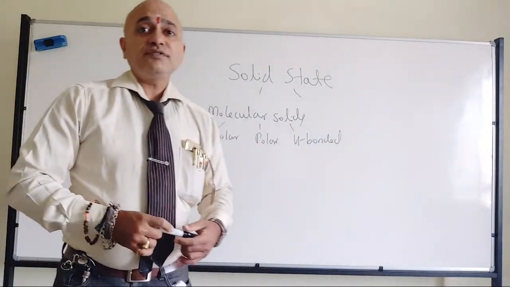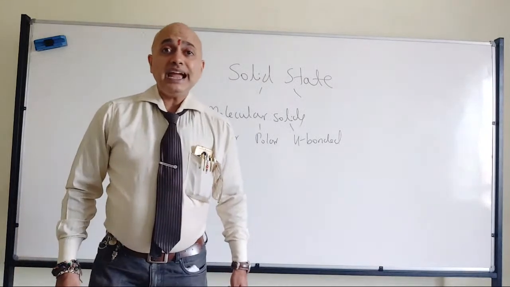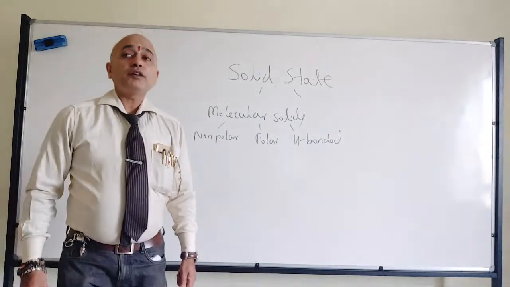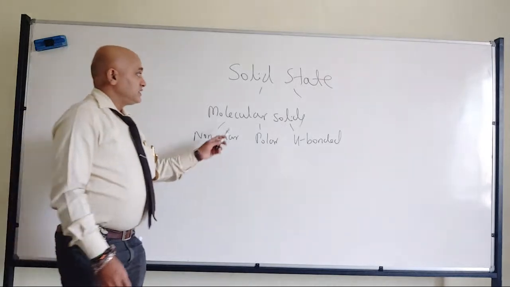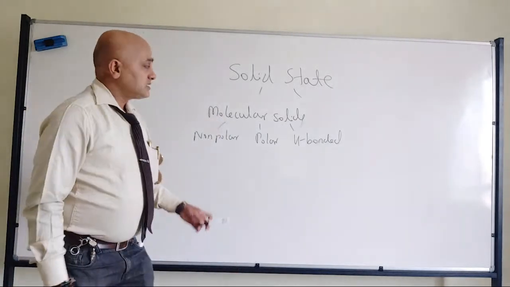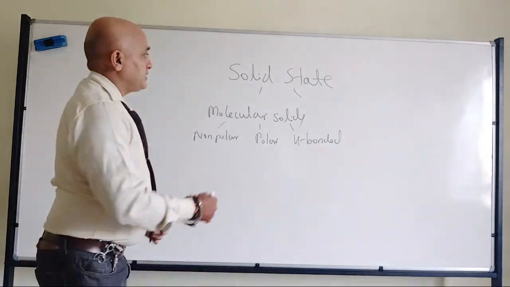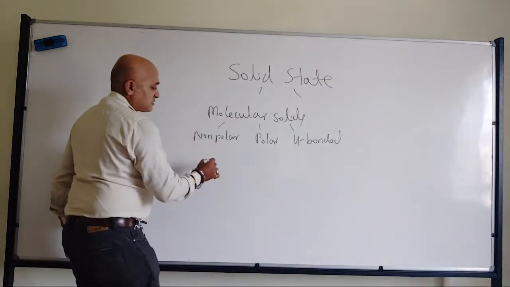In the name itself it is there, molecules. Molecules are the individual entities involved in the formation of the crystal structure, therefore they are called molecular solids. Based on that we have non-polar, polar and hydrogen bonded. That is one type of crystalline solid.